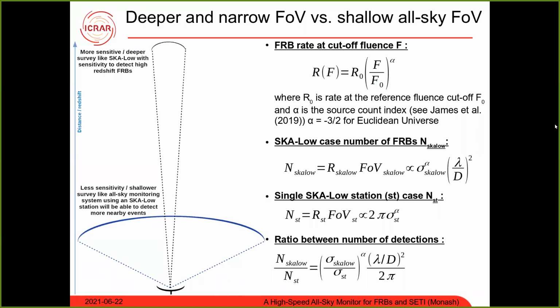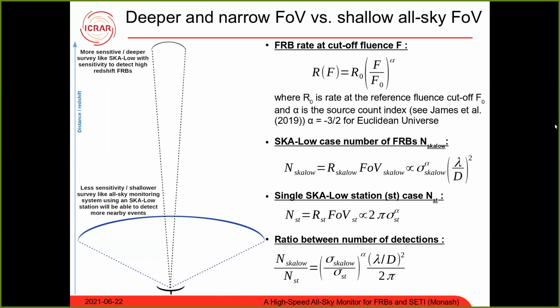And in fact, what is shown here, I'm not going to discuss all this equation on the right, but just comment on the picture on the left, where you can see that this system is shown as a blue curve with a very large field of view, so this is like all-sky monitoring system, and we can compare it to this system of very narrow field of view but high sensitivity.